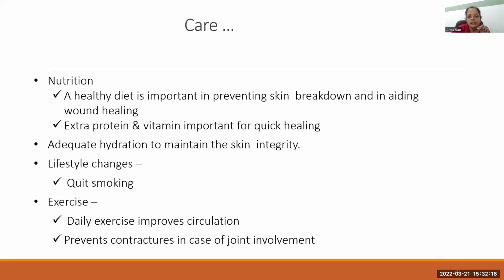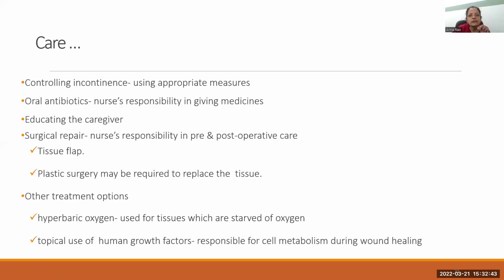The intimal layer of the blood vessels will be damaged because of the smoking, and it will further lead to problems. Exercise is also good. So daily exercise is good for improving circulation. So that should be remembered. It will also help in the prevention of contractures.